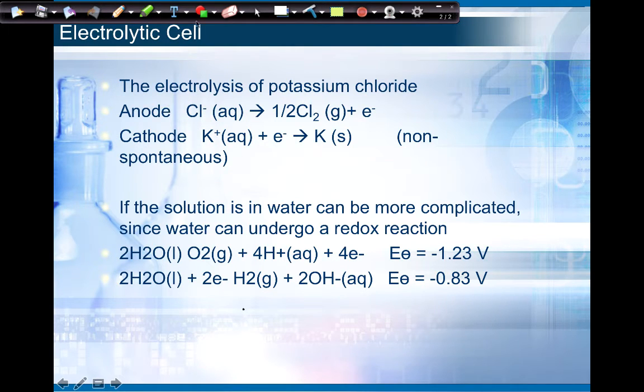Well, it's the same thing for water. I can split water into hydrogen gas and oxygen gas. I can do that if I apply electric energy. So if you have an electrolytic cell and you place it into water, it becomes a little bit more complicated because this is one of the reactions that can happen, or you can have a reaction like below, right here.